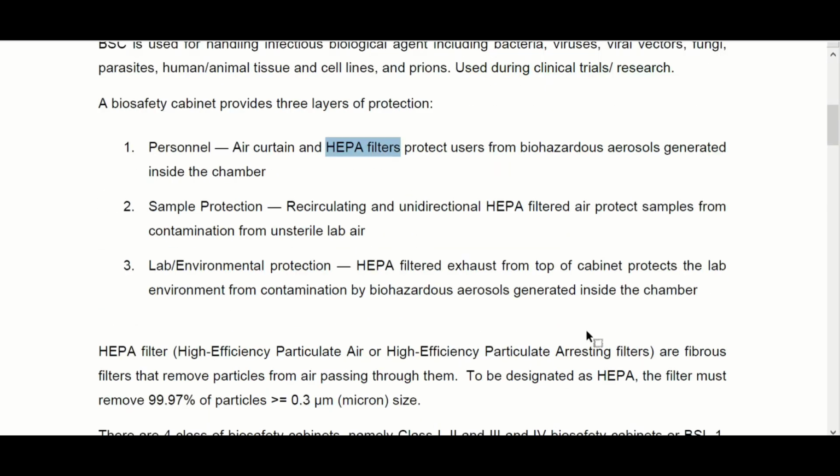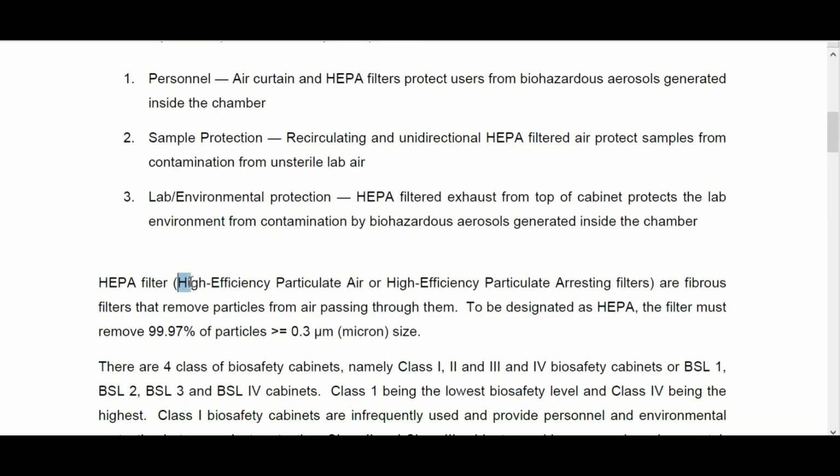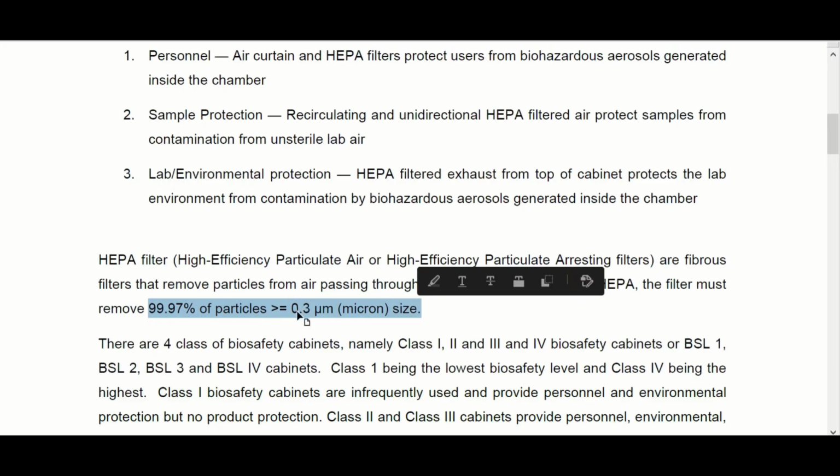HEPA filter stands for high efficiency particulate air, which is able to remove 99.97% of particles of more than 0.3 micrometer in size. So it's a very effective filtering system that's able to remove particulates.